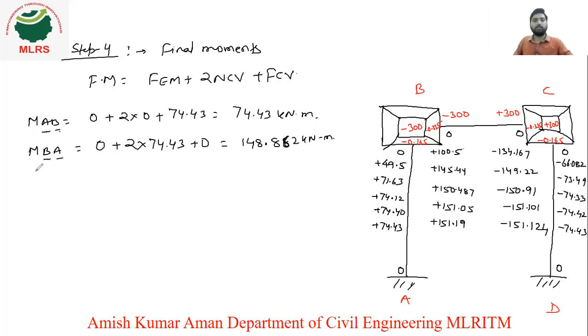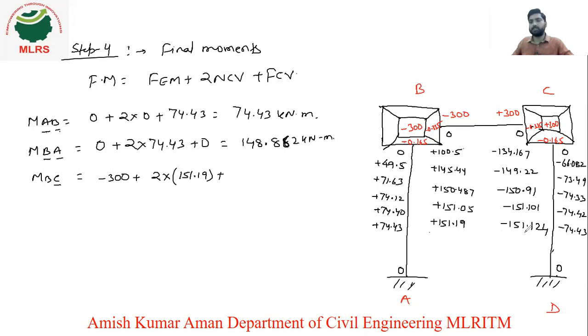So now we will go for MBC. For MBC, the fixed end moment is minus 300 plus 2 into the value at B. Because we are going for BC, we will see only those in between. If you are going for AB, it is A and B. If you are going for CD, it is C and D. So here at B, the value is 151.19, so 2 into 151.19 plus the far contribution value.